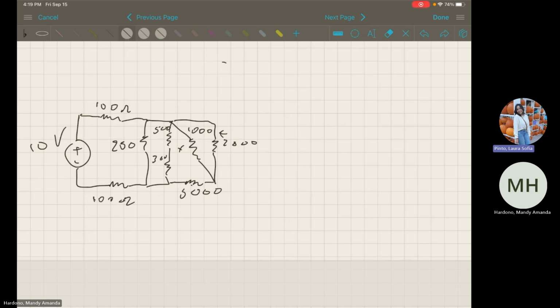So you would first collapse those two by calculating R equivalent, using 1,000 times 2,000 over 1,000 plus 2,000.